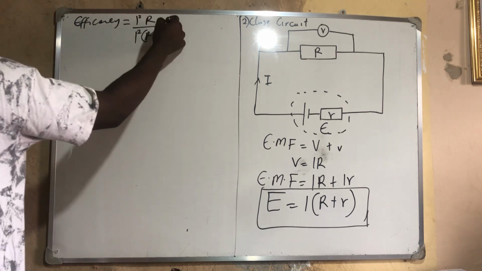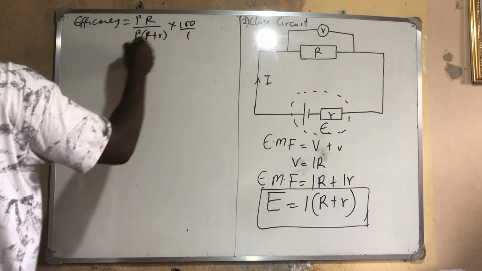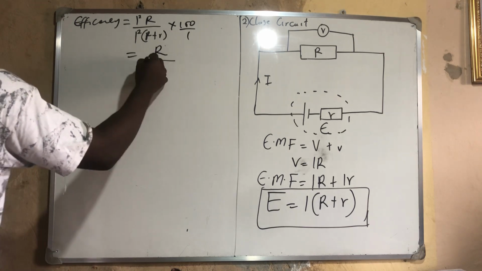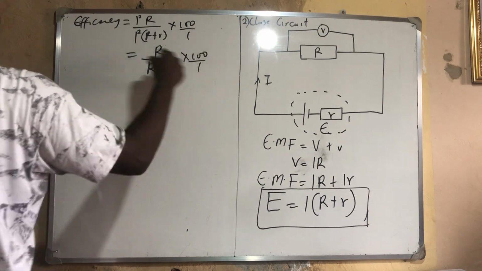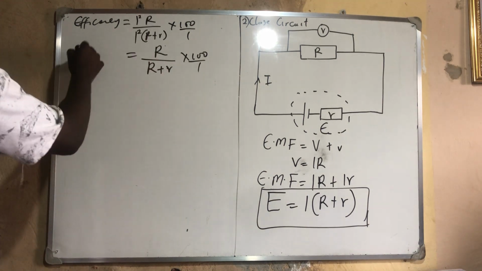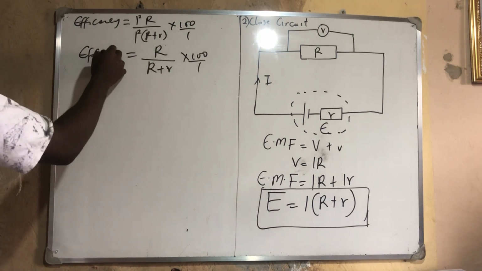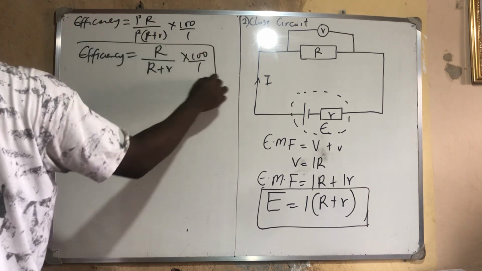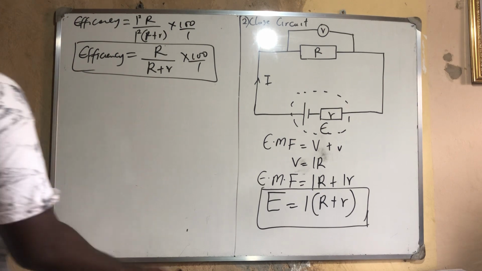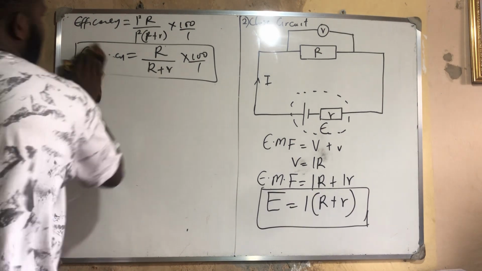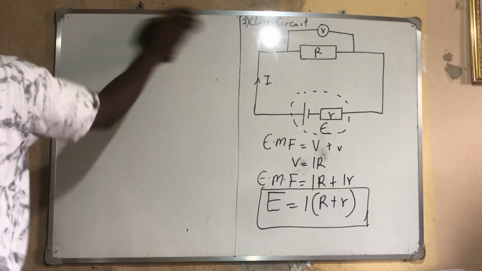I squared can cancel I squared, times 100 over 1, which will give me big R all over big R plus small r, then times 100 over 1. If you don't want to use the other one, you can use this one. This is your efficiency. Very important formula to note, because I can cancel I. It is the same current that is passing through them.